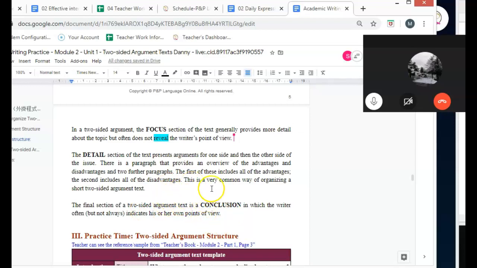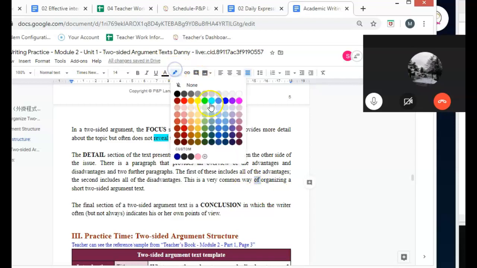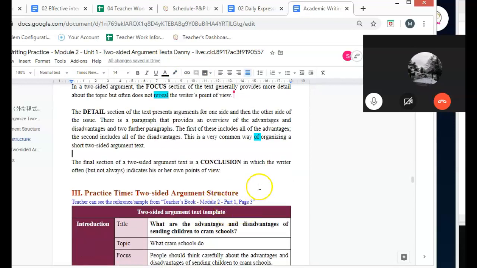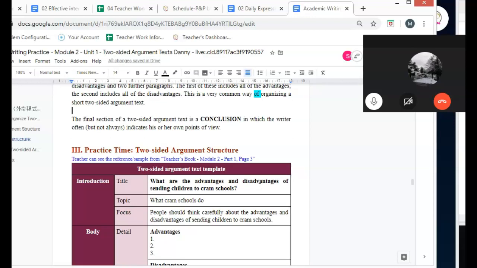This is a very common way of organizing a short two-sided argument text. The final section of the two-sided argument text is a conclusion in which the writer often indicates his or her own point of view.